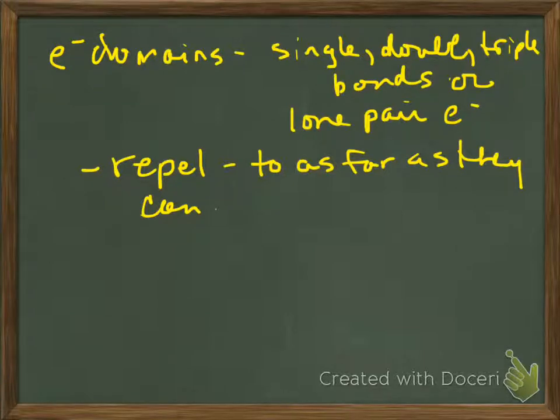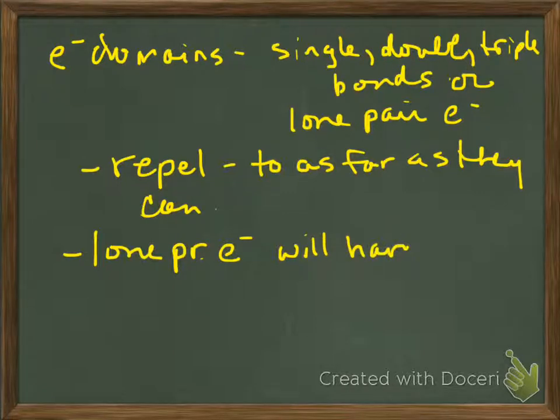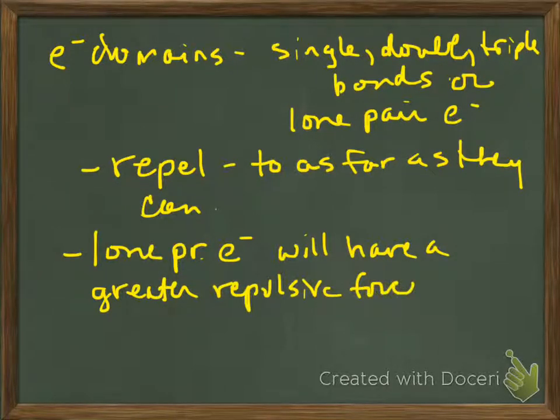Okay, the other thing to note is that a lone pair of electrons will have a greater repulsive force. All of this falls under what is known as VSEPR theory.